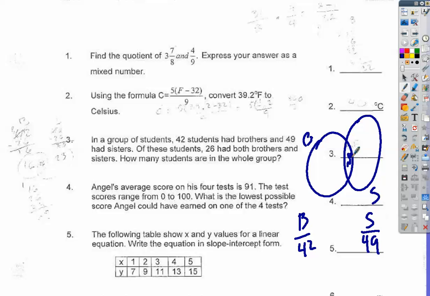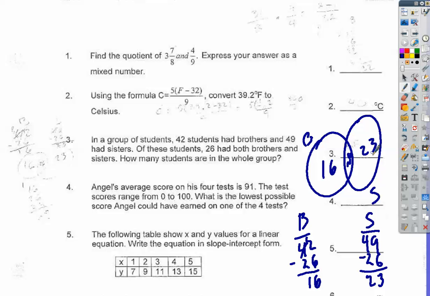So I'm going to have to subtract 26 from both of these, so we can figure out how many only had brothers and how many only had sisters. So we subtract, we have to borrow, so we get 16 had only brothers. So we have 3 and 2, so we had 23 had just sisters.